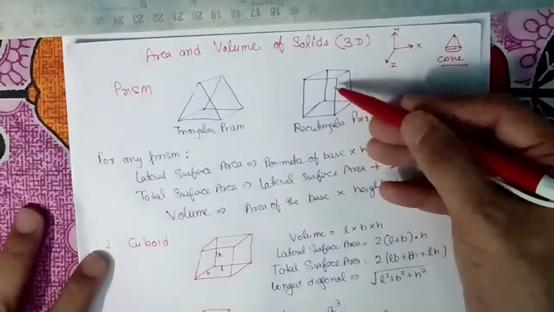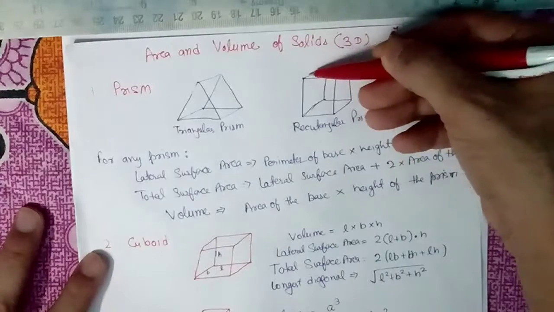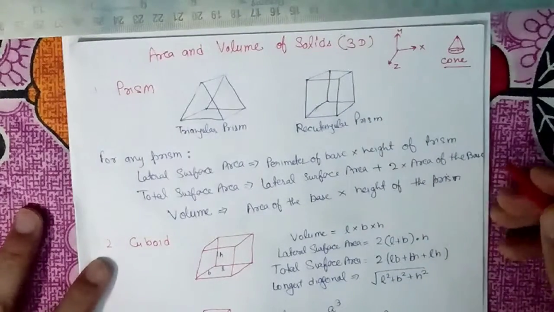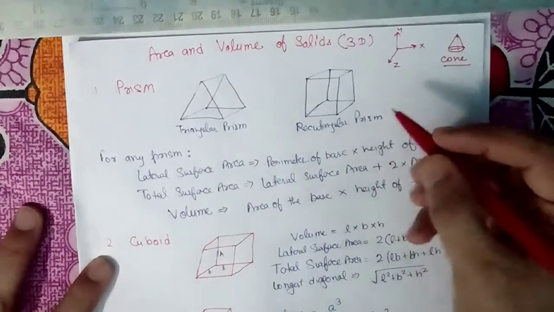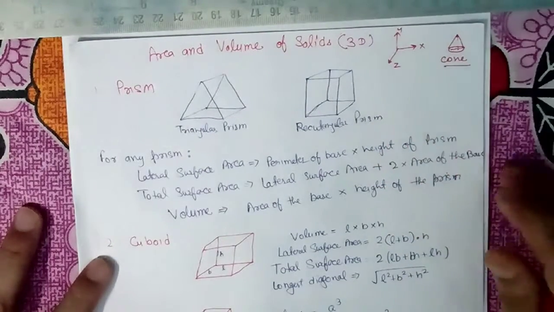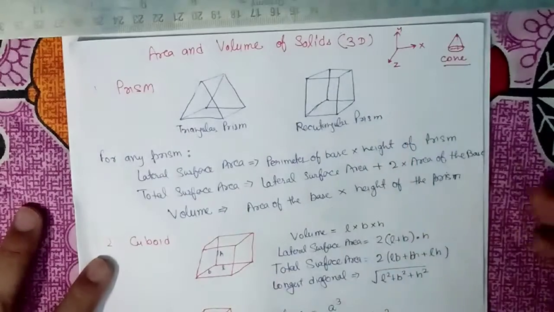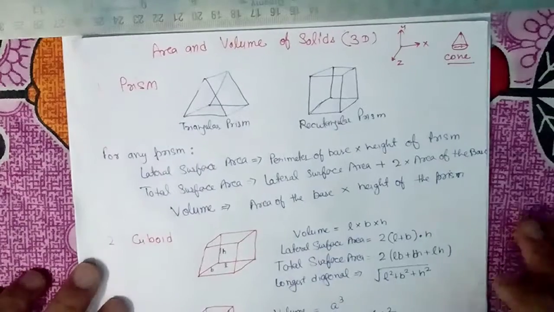And this is a rectangular prism. It is having a uniform cross section. If you cut this from here, you will get uniformity. For example, if you have a brick and you cut it from the middle, you will see the uniform cross section from the starting till the end.